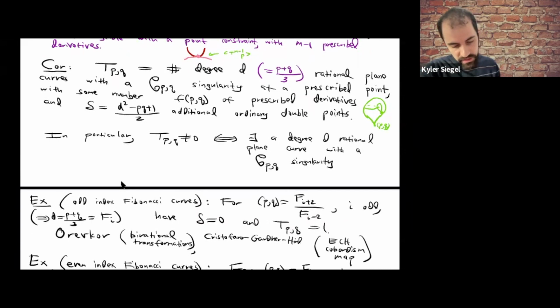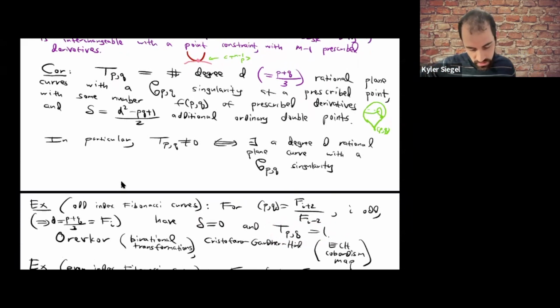And it turns out in this case the count is actually just 1, which is maybe a general phenomenon that when you have curves which satisfy adjunction, they tend to be unique, very roughly speaking. But these curves, as I said, were constructed by Orevkov using some sequence of birational transformations.